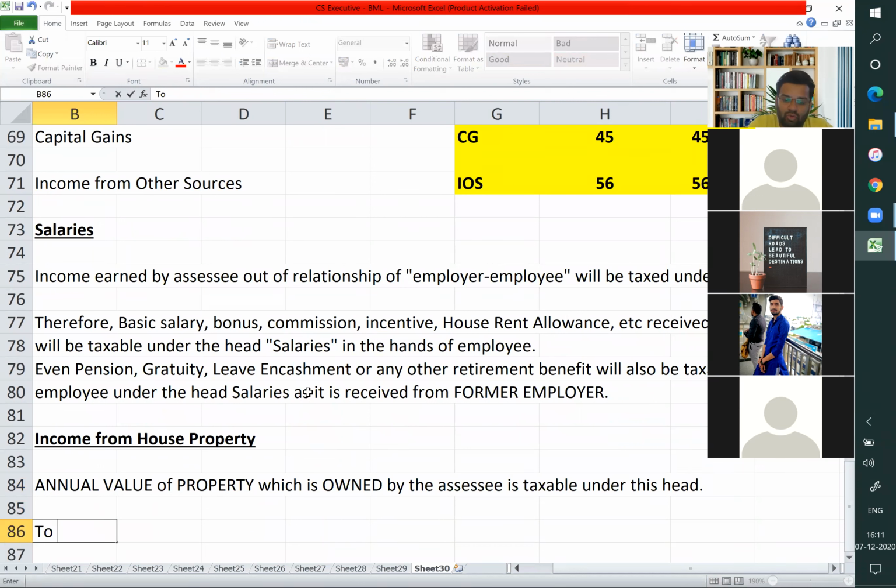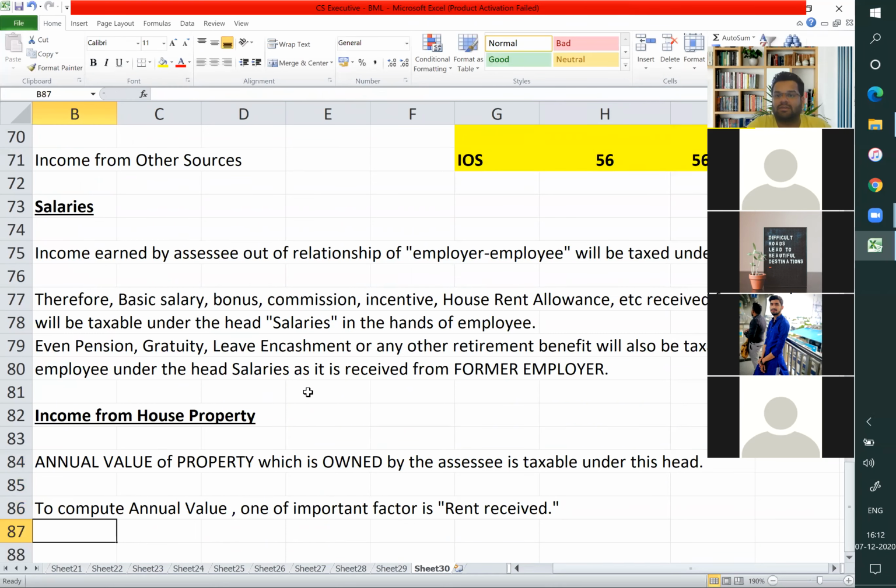And to compute annual value, one important factor is, as you have guessed correctly, rent receipt. So absolutely correct. Whatever rental income you are talking about will be taxed under the head house property.